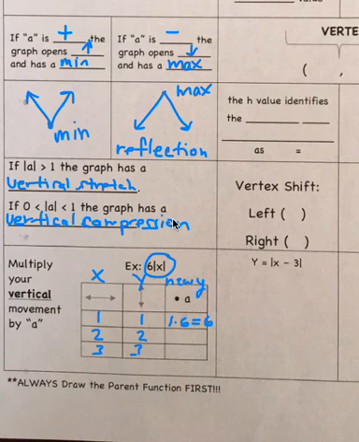So you can see now, instead of just going up 1, it's going up 1 times 6. Instead of going up 2, it's going up 2 times 6. So it goes up quite a bit more.